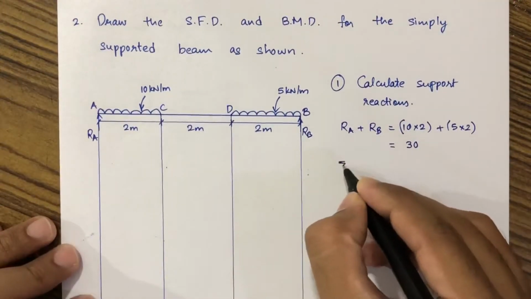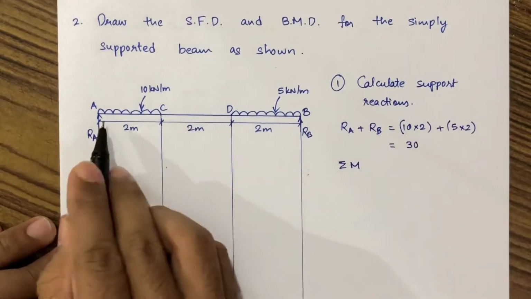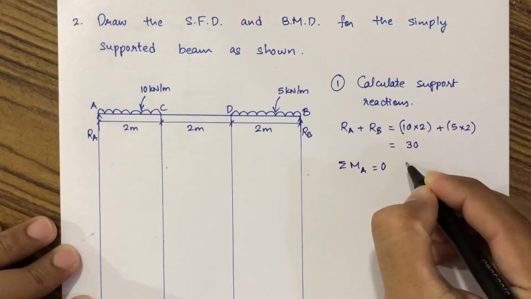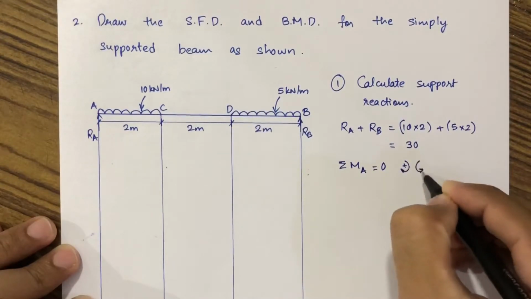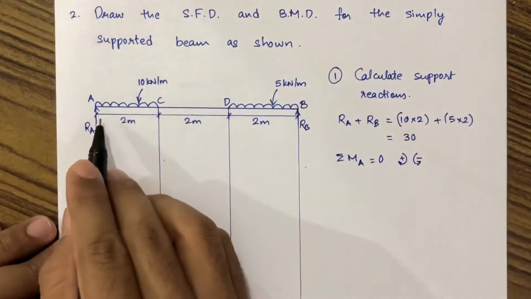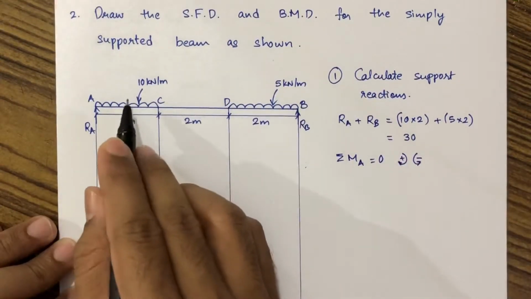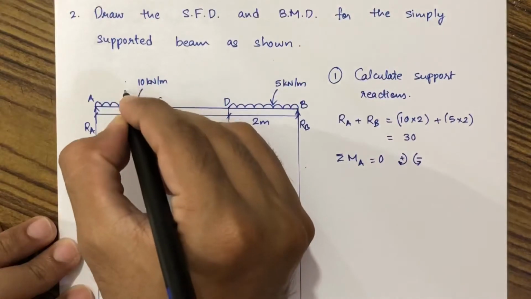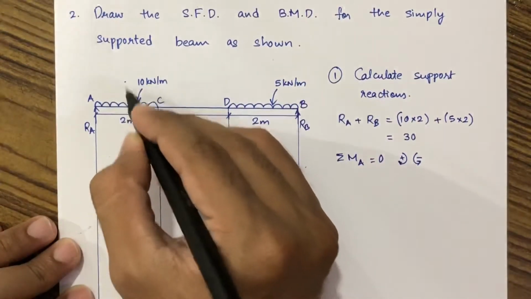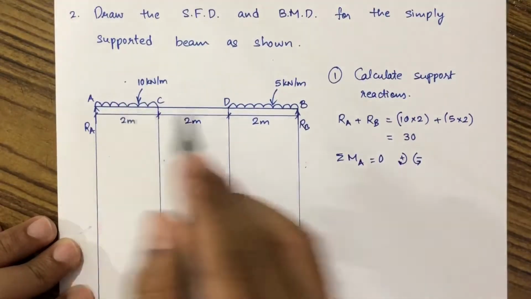Next, if we take summation of moment about point A equal to 0, and we assume clockwise positive and anti-clockwise negative, we will get the equation. This will have a point load exactly at the center and its value will be 10 into 2.